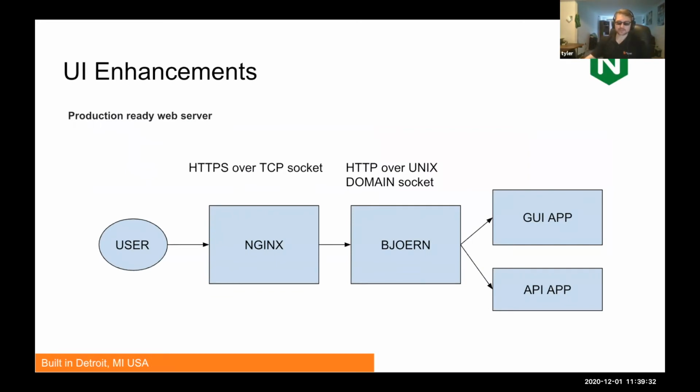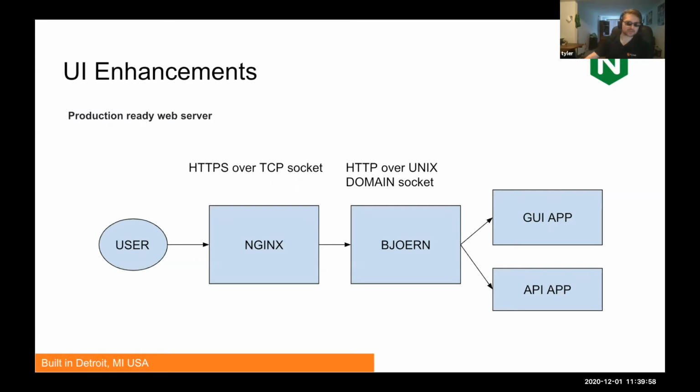So basically, this is what the architecture looks like now for the HTTP services that we're serving for the GUI app and the API server. Now the user is coming into Nginx, and Nginx is providing that reliable security with the HTTPS services, and it's just reverse proxying that over to this Gunicorn app server.